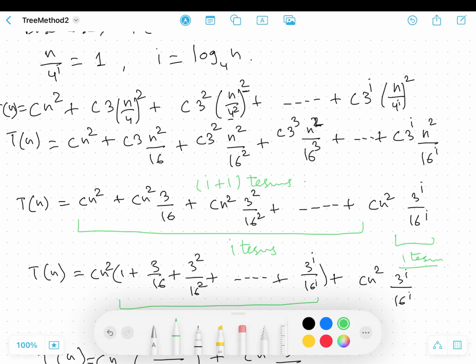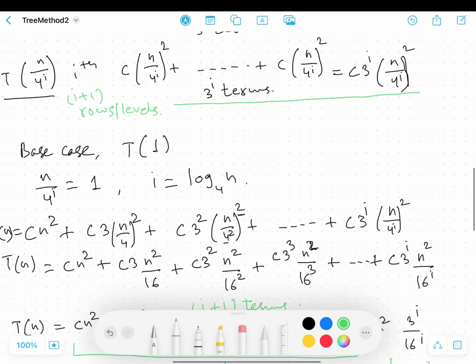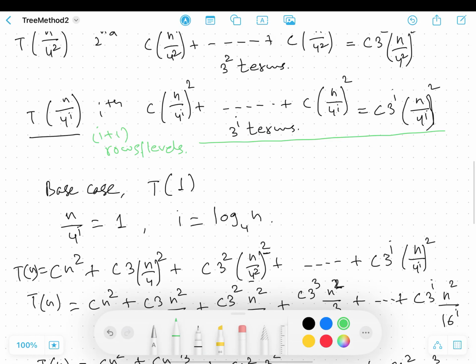So at this level, if we notice, all the problems should be of size 1.